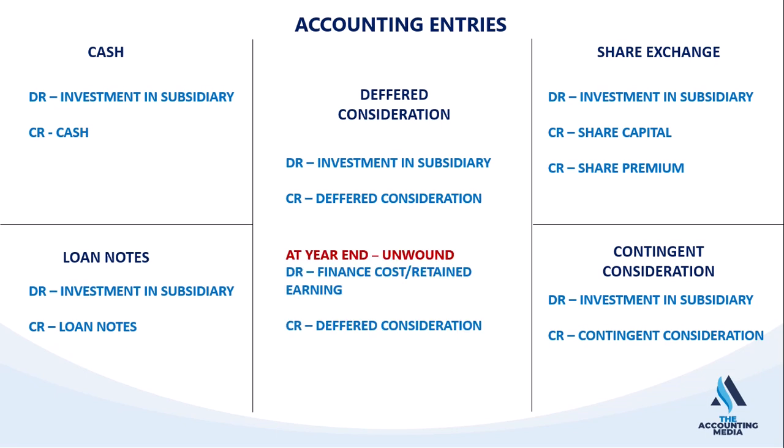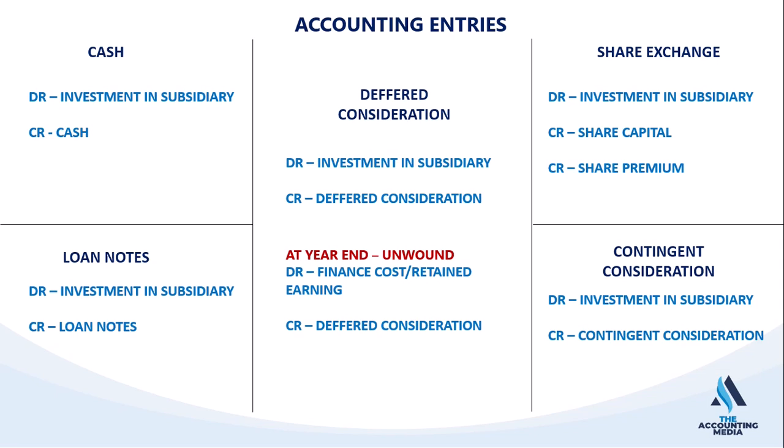Now at the end of every year, we said we have to unwind. If I'm preparing consolidated statement of financial position, I am going to debit my retained earnings. Why? Because the retained earnings is the account that is representing the profit or loss in the statement of financial position, and I credit my deferred consideration for that element of unwinding of interest.